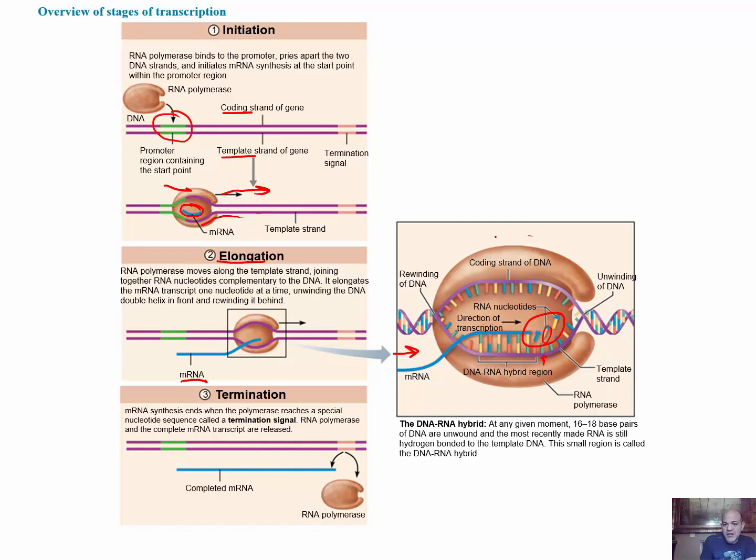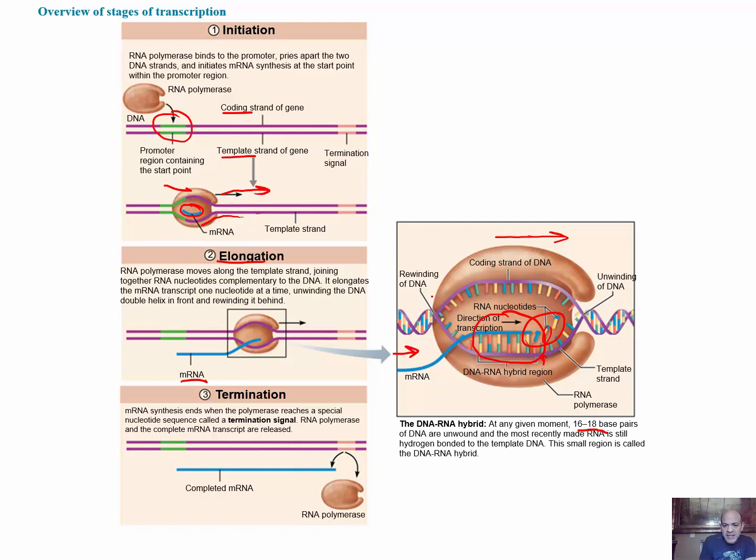And so the RNA polymerase is going to continue to read the template strand. And at any given point in time, you have this sort of a hybrid where you have an RNA and a DNA strand temporarily bound. So anywhere from 12, 16 to 18 bases are joined around there. I think the slide before gives 12. And here at any given point in time, the RNA polymerase has pulled apart somewhere around 18 or 20 bases as we're going.